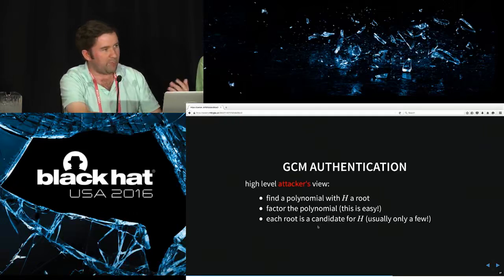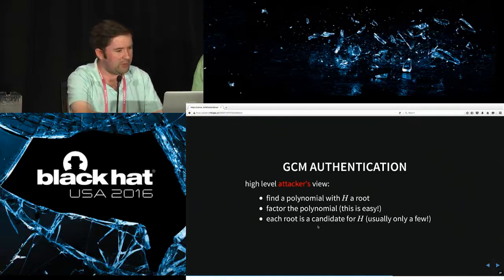Once we factor it, we'll have the roots of the polynomial, and H is guaranteed to be one of those roots. Typically, the number of roots is pretty short. It somewhat varies with message length. If you have a very long message, you could have a lot of roots. But a lot of the messages we're going to be dealing with are pretty short, so we expect to find only a few most of the time.